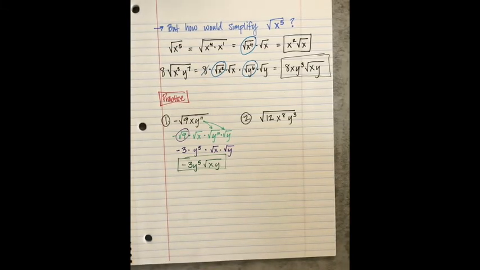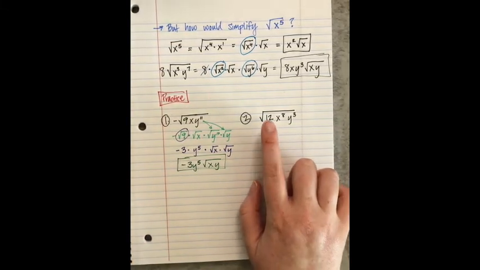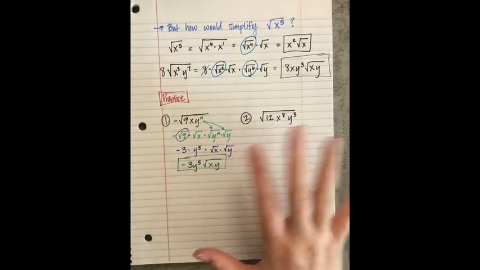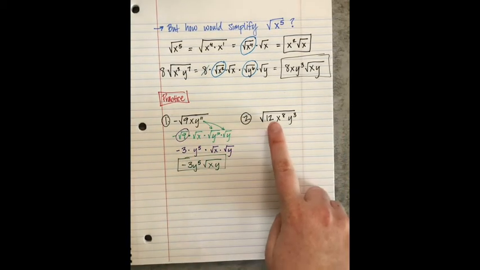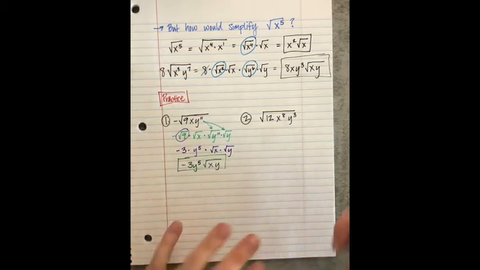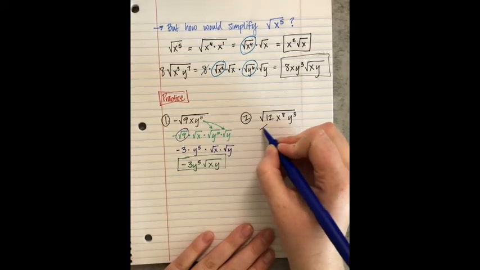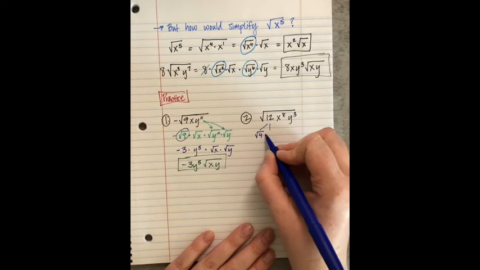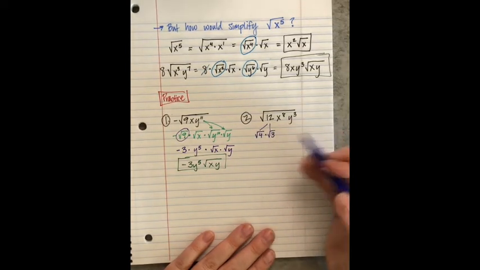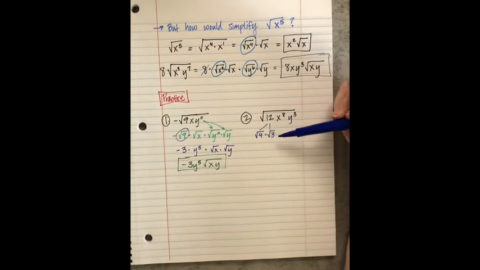Now this is one where 12 is actually not a perfect square. 9 was really easy, we just made it into 3. But 12 is not a perfect square number. So I'm going to have to break that apart. The square root of 4 fits into 12, and 4 times 3 is 12. So I'm going to break that apart into the square root of 4 times the square root of 3.